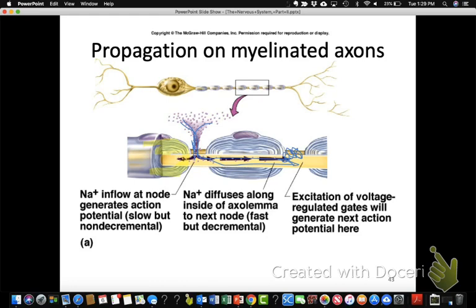So all your ion channels are there at the nodes. And the distance between one node and the next is pretty much exactly what it needs to be for the voltage created at one node to get to threshold at the next node.